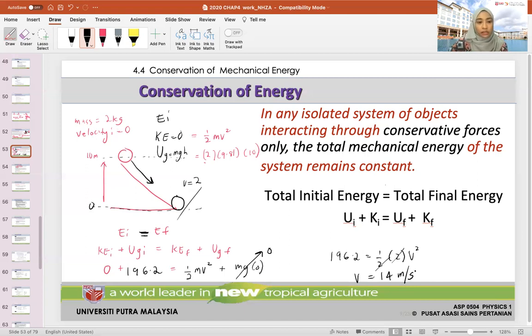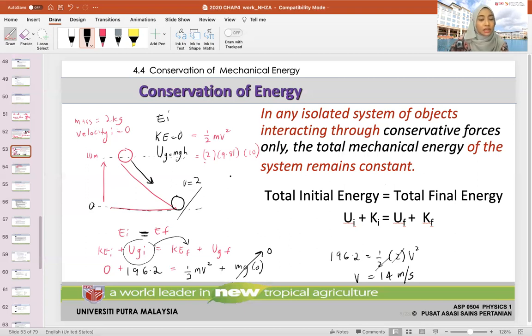So this is how the energy works. This is if all the forces are conservative forces, no friction. That is what it means. Our EI is going to be equal to our EF, with nothing else interfering. So the two sides balance. The decrease in UG is converted into KE.